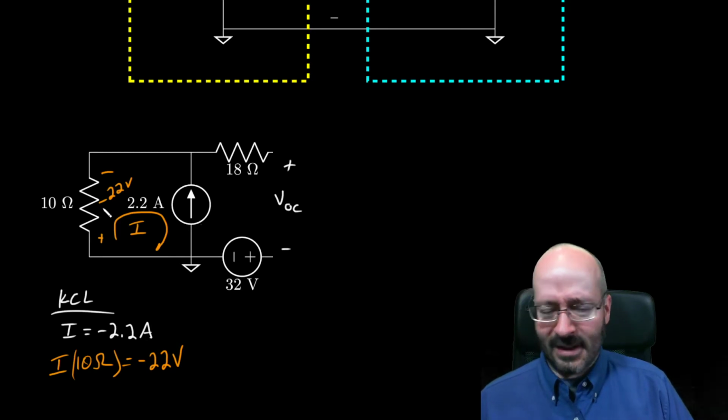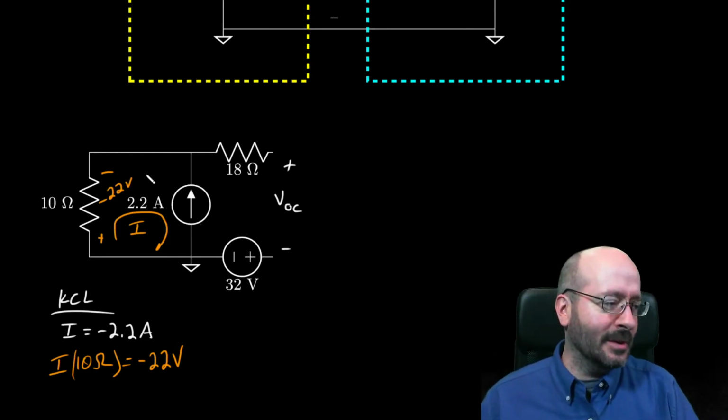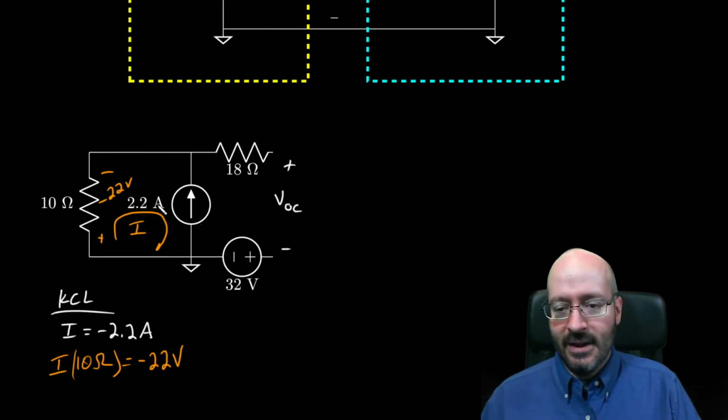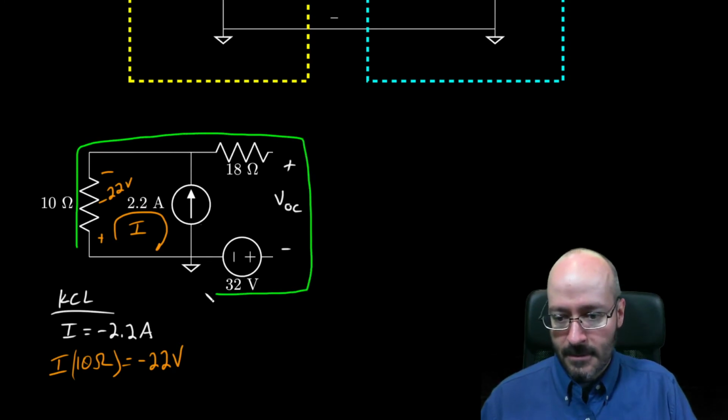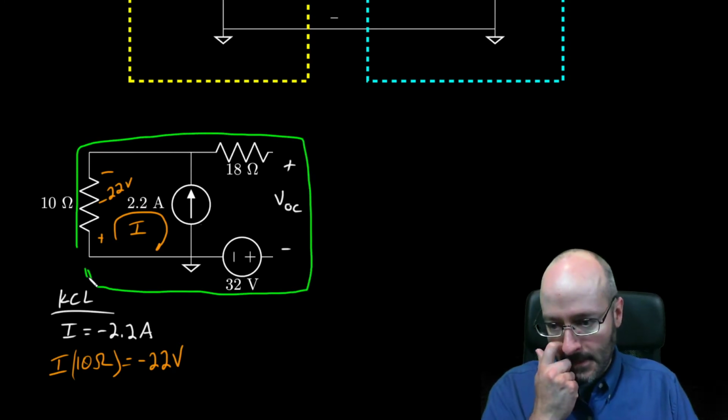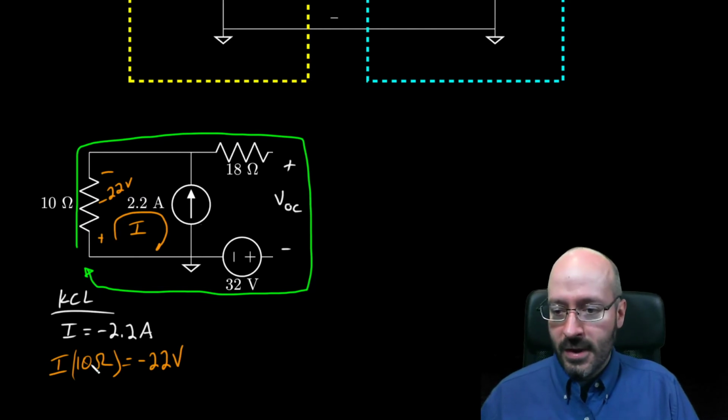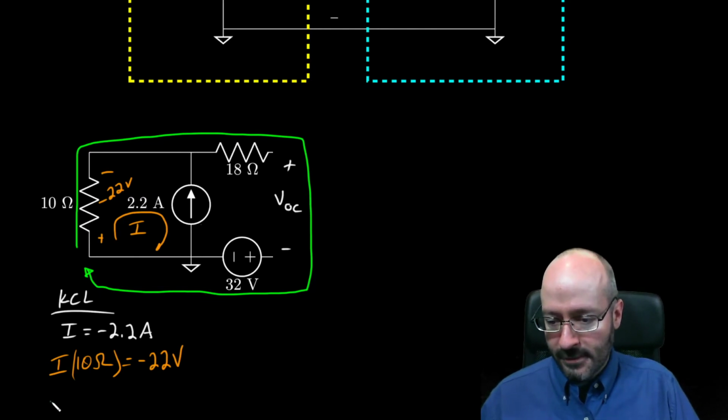So I've got some sign things that are going to be a little goofy, but we'll survive if we follow along carefully. Okay, writing the KVL around here, up to there, we say we drop a negative 22 volts.